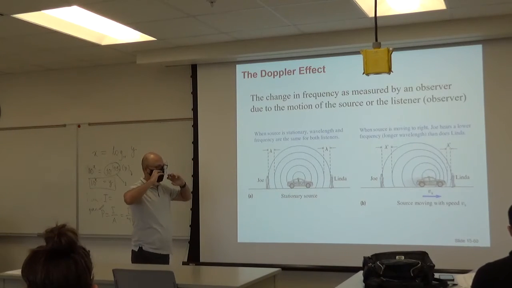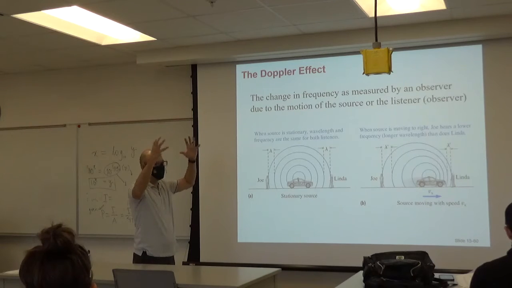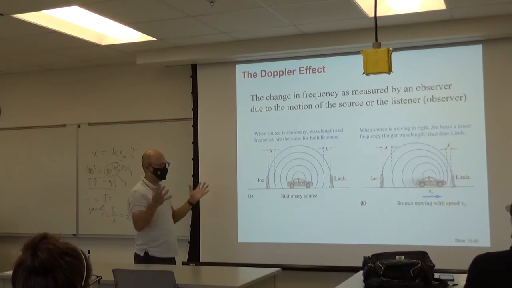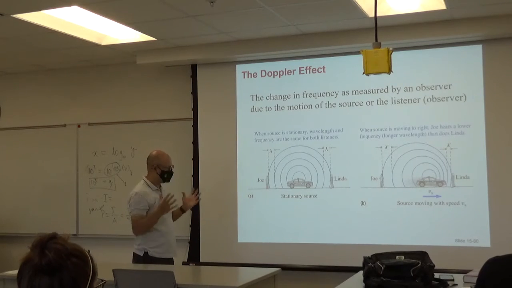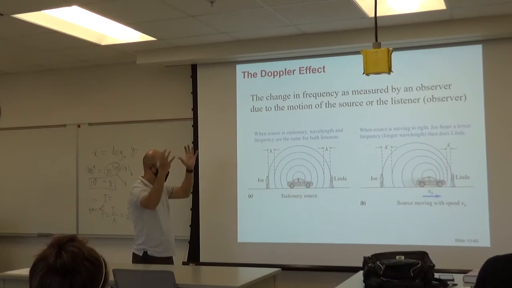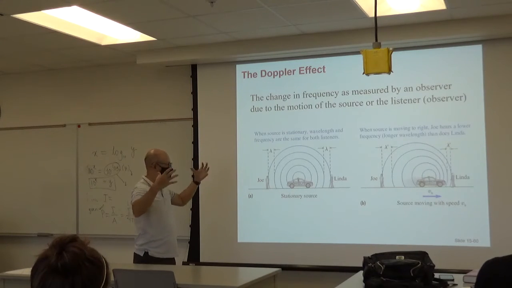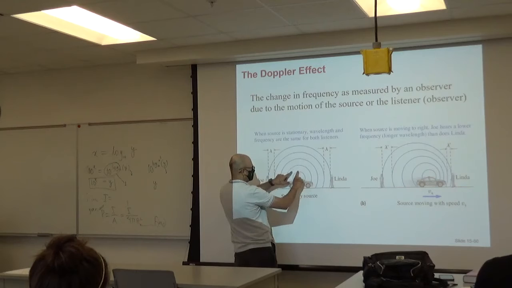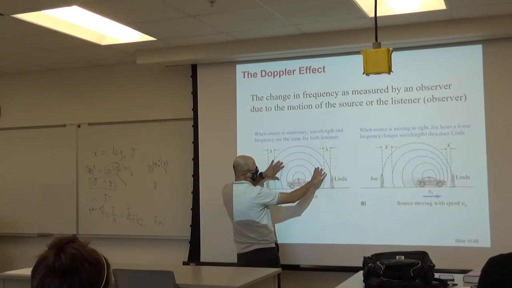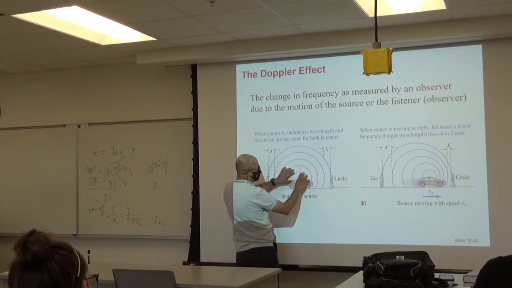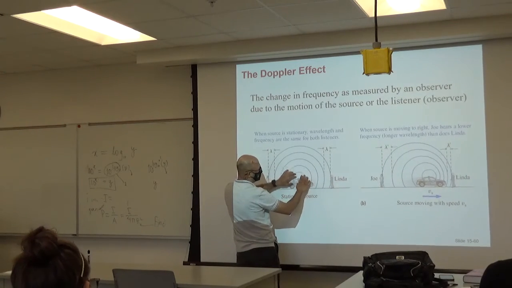So when you produce sound, you produce a sphere around you, which is the wavefront, which is the crest, the maximum amplitude of the sound. Then in the next instance you produce another one. This one goes out, goes out, and then in the next instance you produce another one that goes out, and another one that goes out.